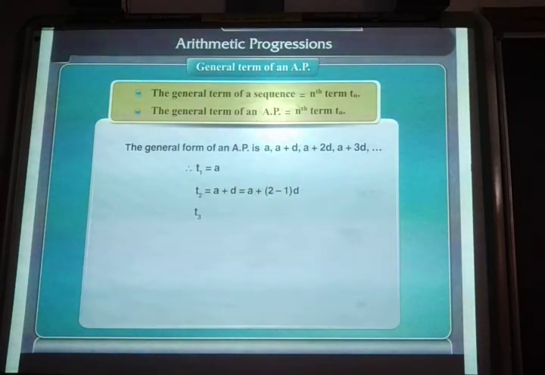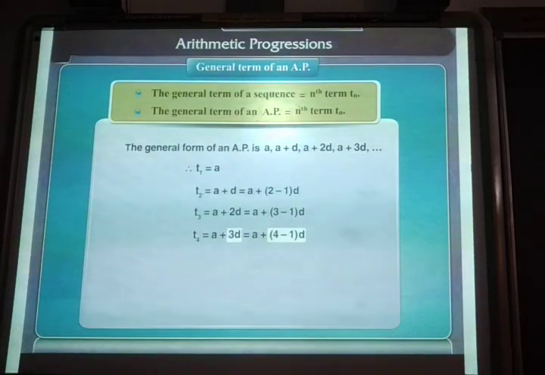T3 is A plus 2D. It can also be written as A plus 3 minus 1 into D. T4 is A plus 3D, which can be written as A plus 4 minus 1 into D. In the same manner, how can you write T5?